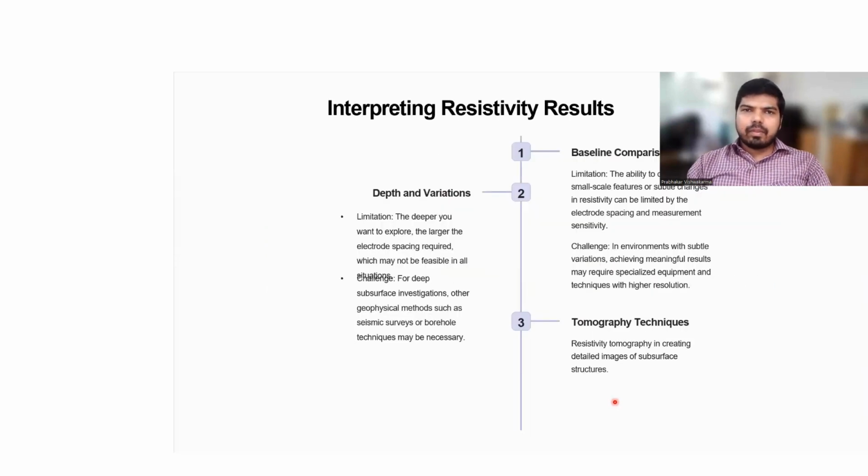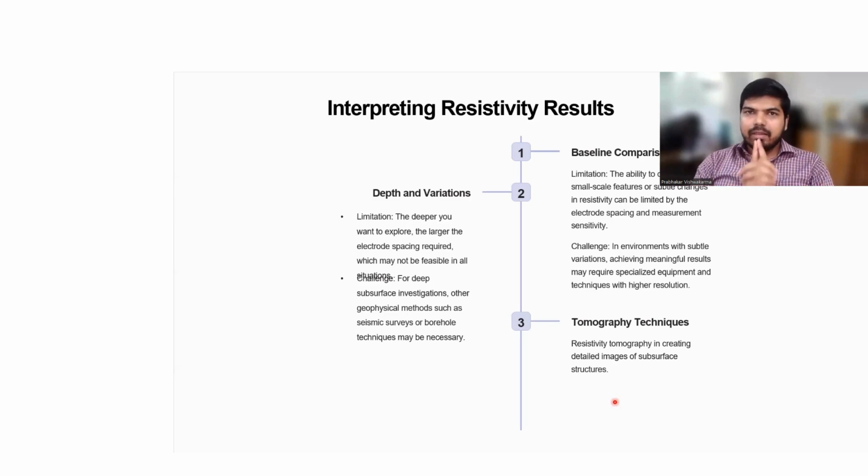Now, how the results of electrical resistivity will work. First is the baseline comparison. There are some challenges which are faced due to the spacing of the electrodes used in the electrical resistivity test. If you increase or decrease the spacing of the electrodes, you will see the effect in your results.